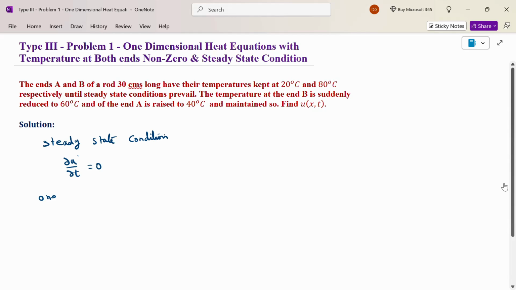Now what is the one-dimensional heat equation? Why am I considering the one-dimensional heat equation? Because the problem mentions a rod, I am just using heat, temperature. So the one-dimensional heat equation is dou u by dou t equal to a square dou square u by dou x square.